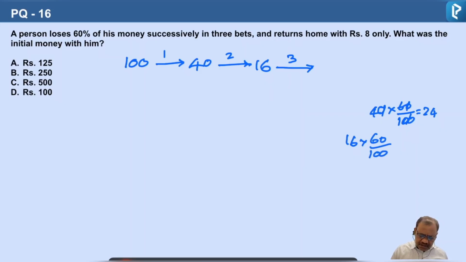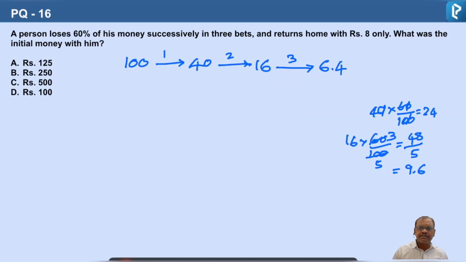So this is 2 3s, 2 5s. 16 3s are 48. 48 by 5, that is equal to 9.6. 16 minus 9.6. 16 minus 9.6 is 6.4.